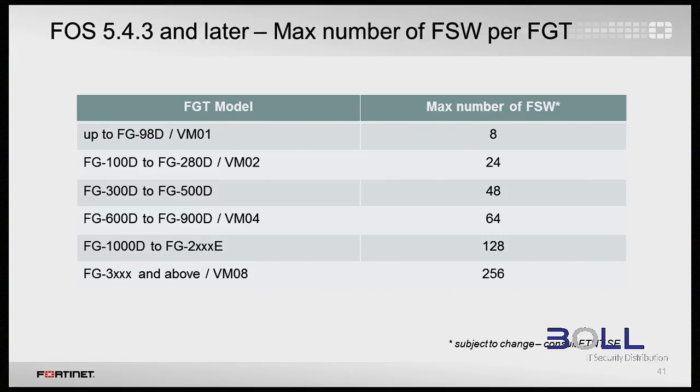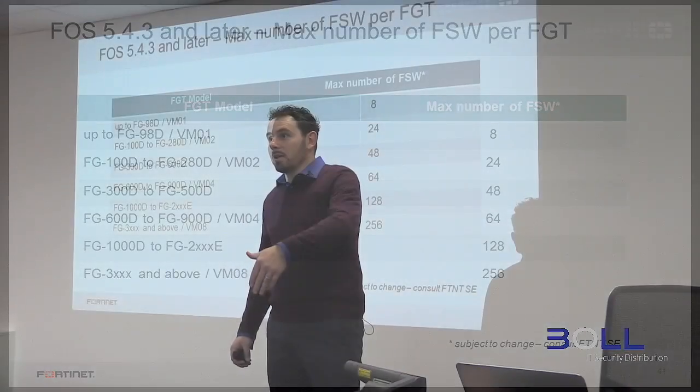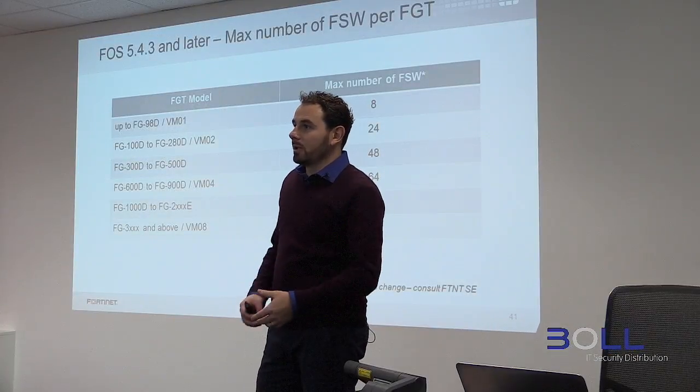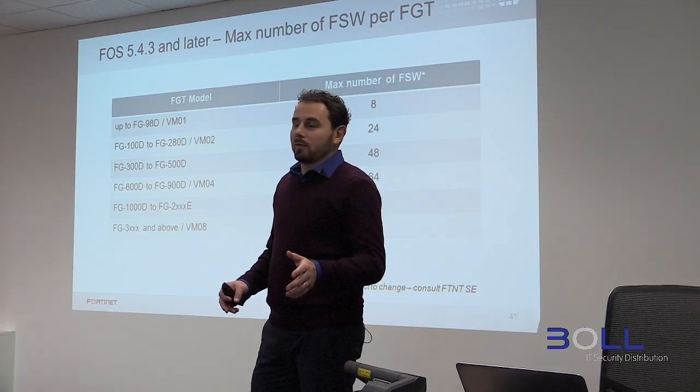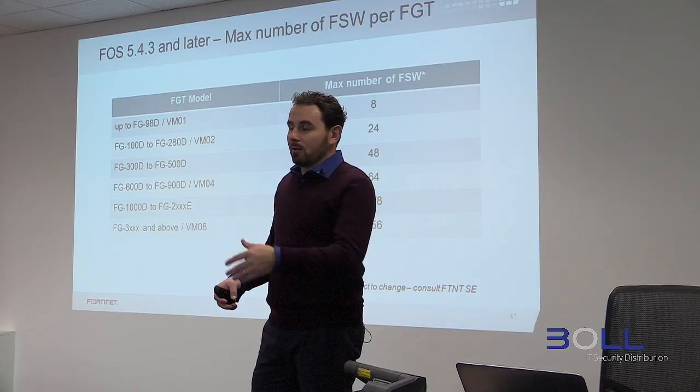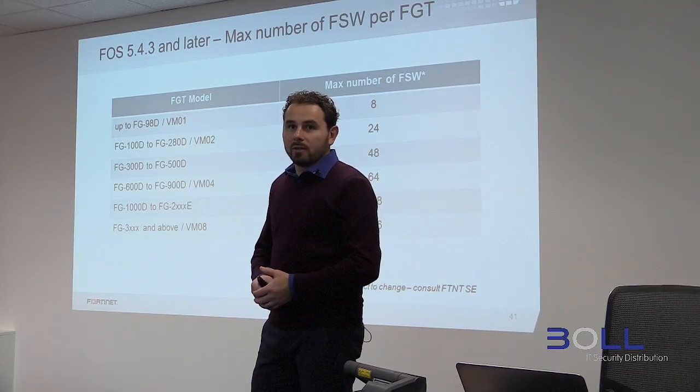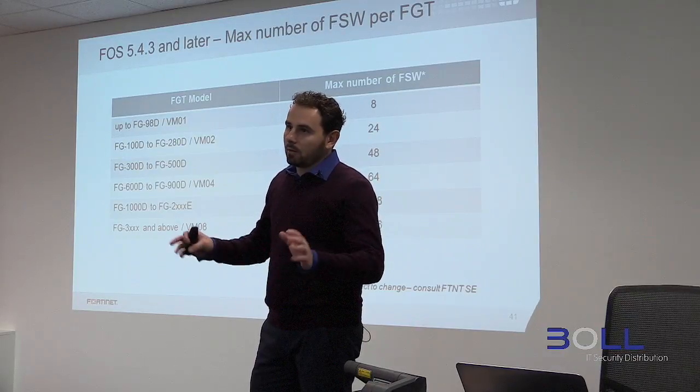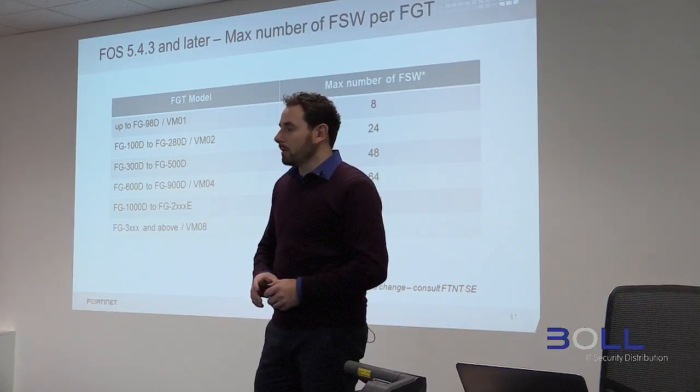So we checked the design and said, yes, it's fine, it will work. So today, there are already deployments with more than 16. So if you have a project today with more than 16 switches, it's no problem. So let's just check with the Fortinet team that the design is good, and it should be okay, right?